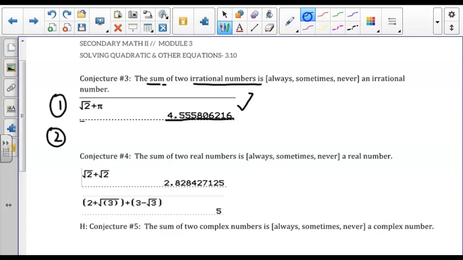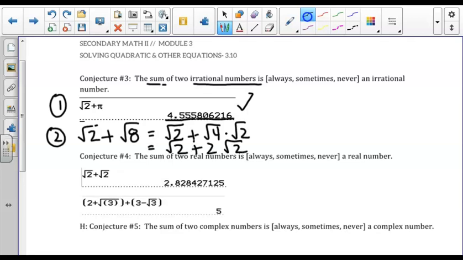If we look at the square root of 2 plus the square root of 8, which are both irrational numbers, we can simplify the square root of 8 into the square root of 4 times the square root of 2. The square root of 4 is 2, so this is equivalent to 2 root 2, which is still irrational.